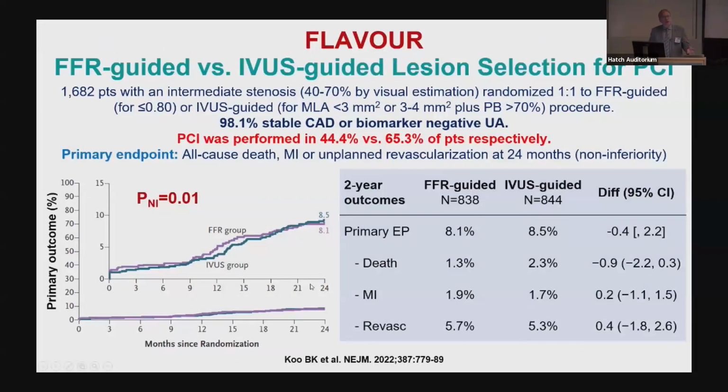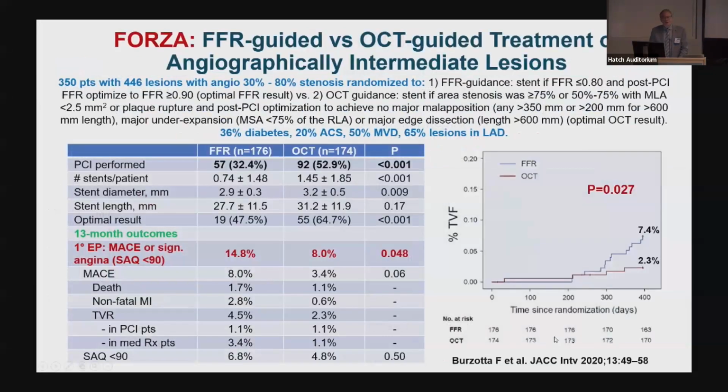Now, when we start comparing physiology and acute coronary syndromes to intravascular imaging, we start to see very similar results with intravascular imaging or even better. So in the FLAVOUR trial, this was mostly stable CAD, but it was FFR versus IVUS, no difference in any outcomes out to 2 years for lesion selection.